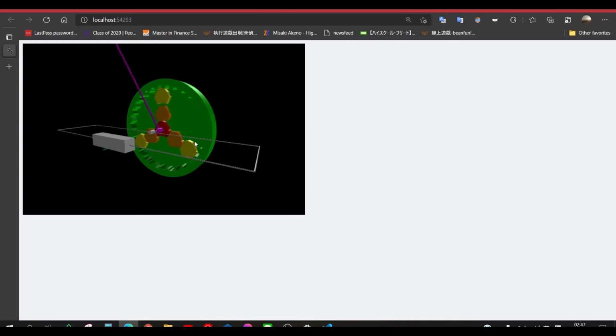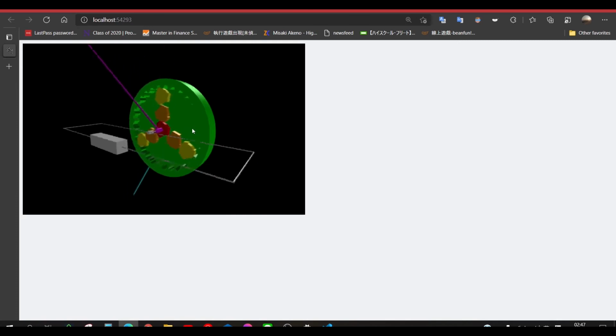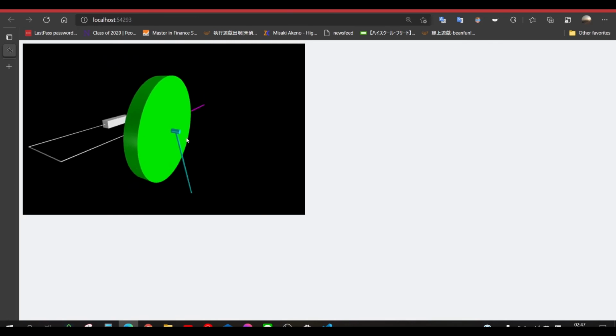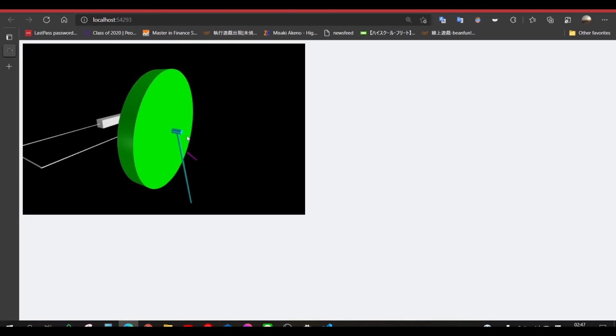The rotation of the magenta axis is driven by the motor, and thus the red gear is driven, and the orange gears are driven. And then the yellow gears, the green gear, and finally the cyan axis embedded in the green gear.